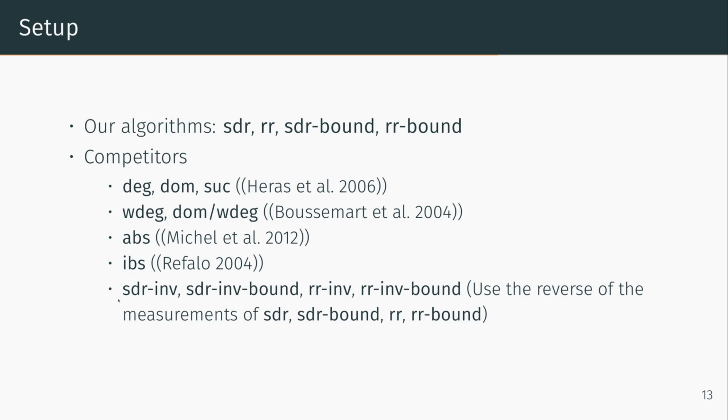And we also added 4 inverse versions of our algorithm. They're the same algorithm, except that they're based on the reverse of the measurements that are used in our algorithms. Just interesting to see how they would perform.